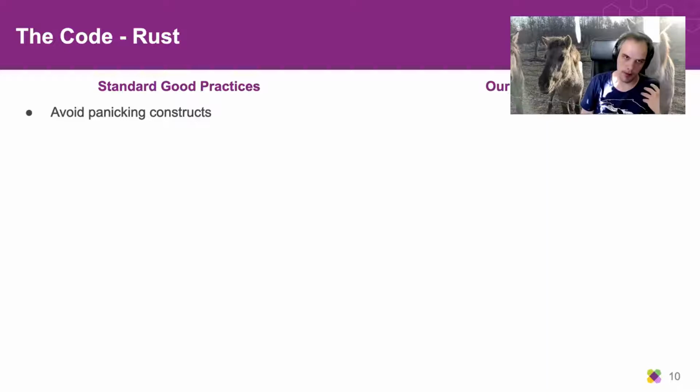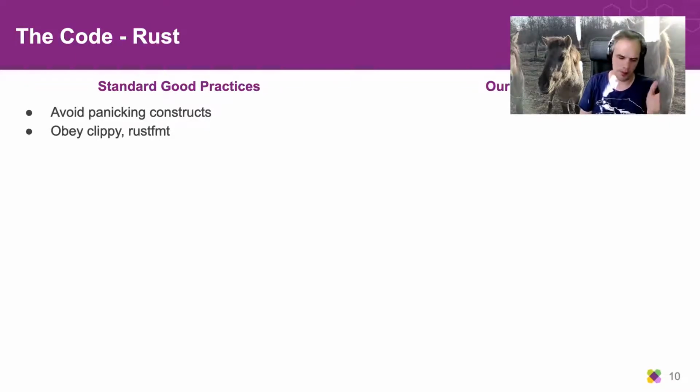So our Rust coding practices are maybe like stock Rust, good Rust behavior. It's nothing surprising. We avoid panicking constructs because we run a production binary. We do obey Clippy and pedantic mode. We require Rust format.